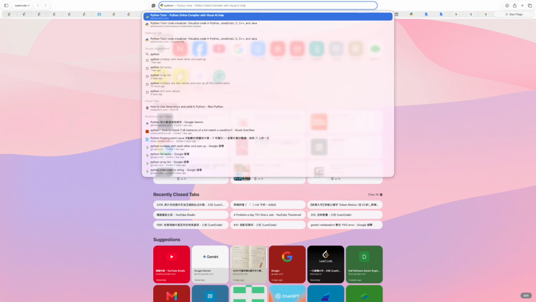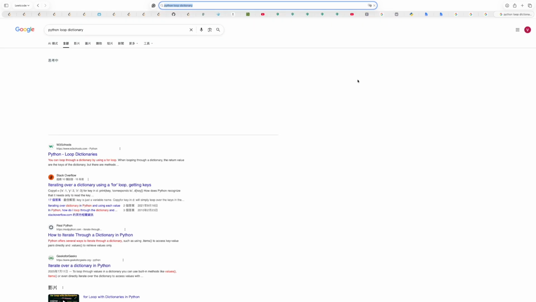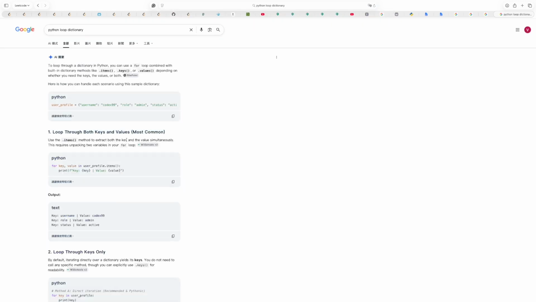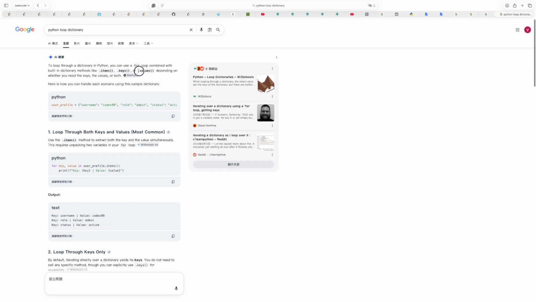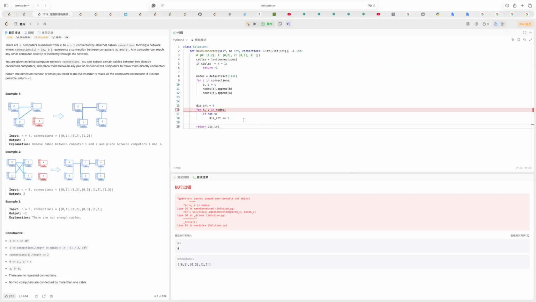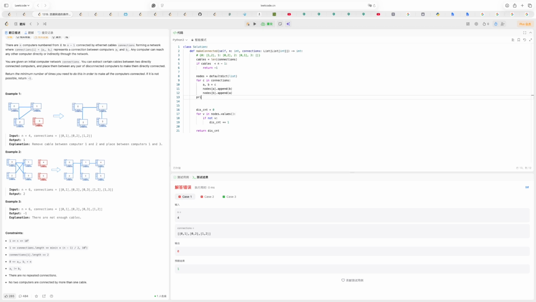So Python loop dictionary. Oh, can you use values? Okay, let's print the nodes.